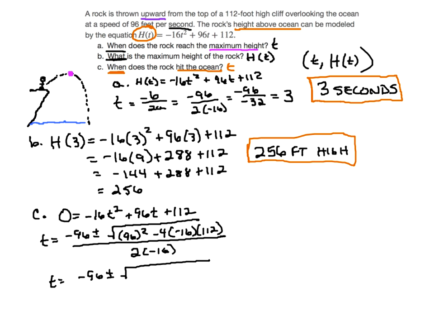So t is equal to negative 96 plus or minus the square root of 96 squared, which is 9216, plus 4 times 16 times 112, which is 7168, all over negative 32. So 9216 plus 7168 is 16384.